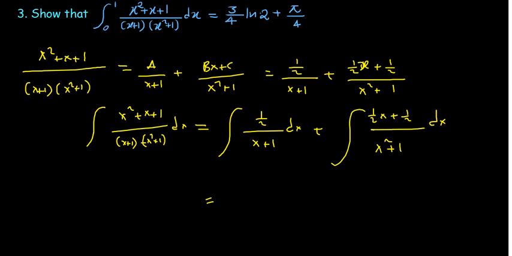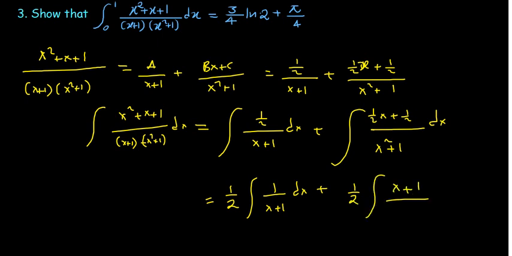Well, I can remove this constant outside, and then plus I can factorize out 1 over 2 there also. So what will remain is x plus 1. So factorizing out 1 over 2, we are going to remain with x plus 1, and then down we are going to have x squared plus 1 dx.